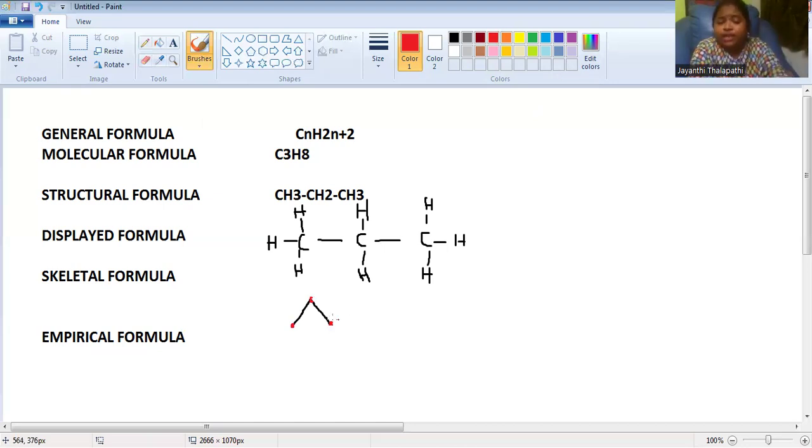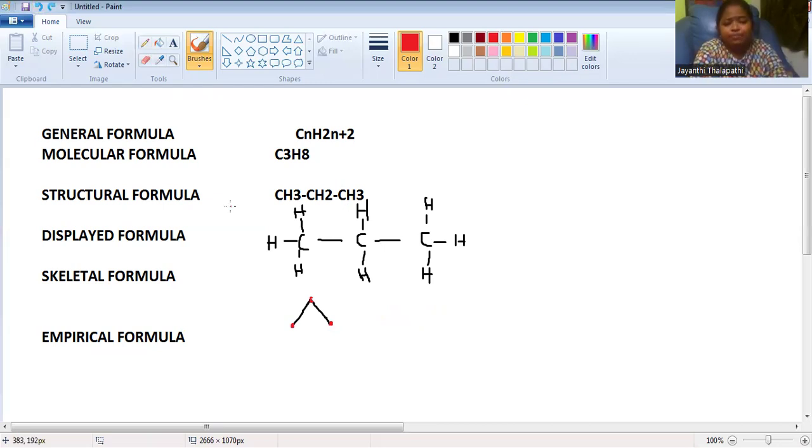For butane, how can we show it? One more line. Pentane will be this. Hexane will be this. Heptane, octane, nonane, it goes like that. This is for propane. You need not keep any dots here, but they are just to help understand.